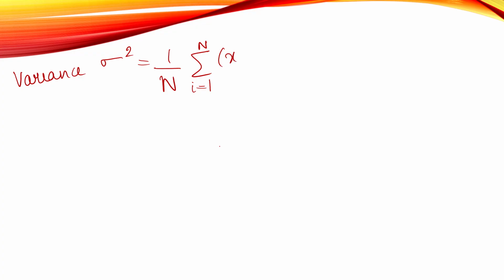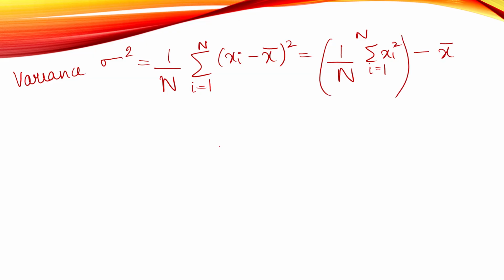Next we have variance and standard deviation. So let's write the formula. Variance, sigma square, is equal to 1 by n summation from i equal to 1 to n of (xi minus x bar) whole square, which is equal to 1 by n summation of xi square minus mean square.